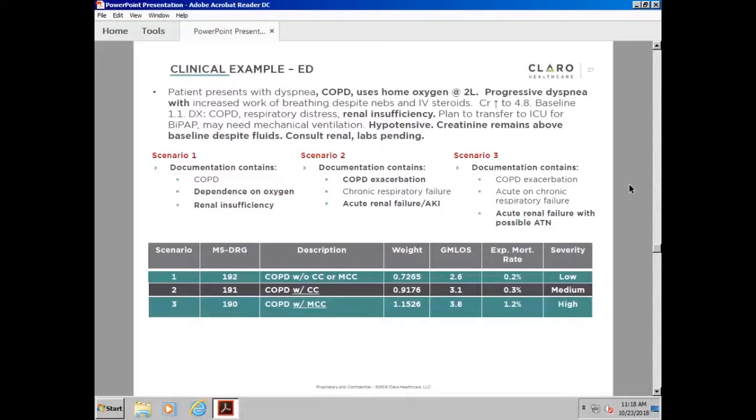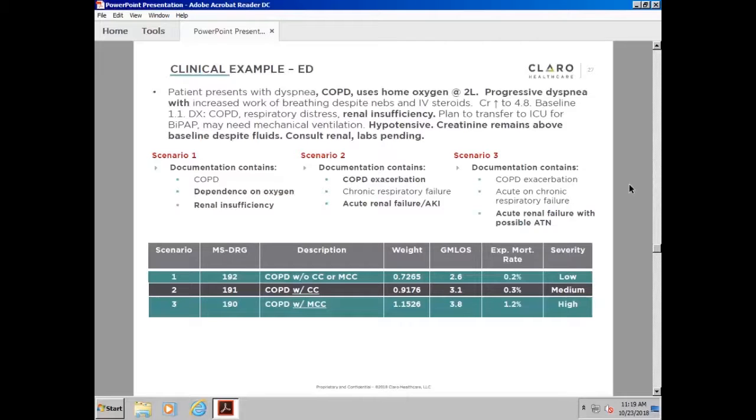In the second scenario, we go to medium severity and get one more day. But scenario 3 is truly the diagnostic story for that patient. We're at the highest level of severity, we have 3.8 days, and the risk of mortality really goes up. It definitely tells the diagnostic story for that patient.